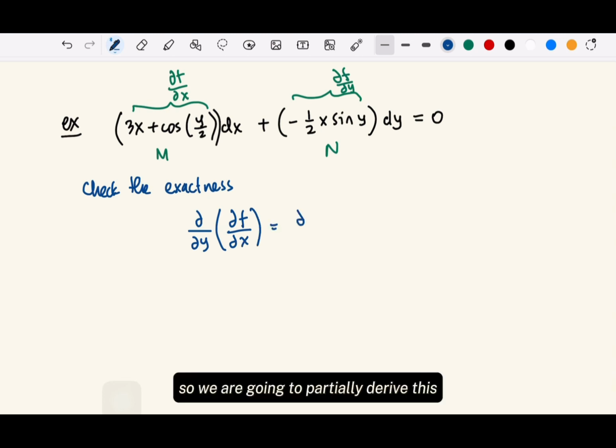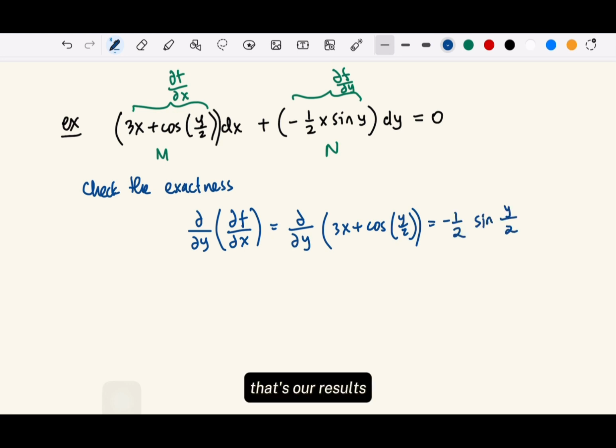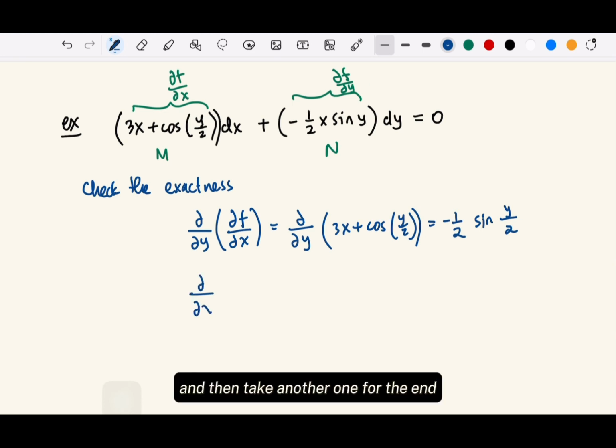So we are going to partially derive this. That's our result.